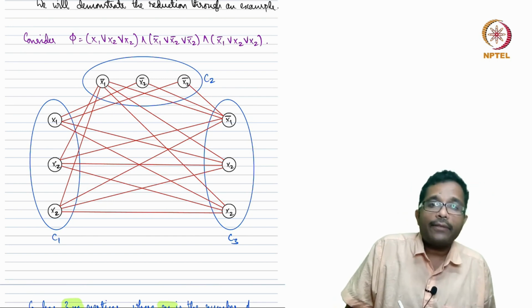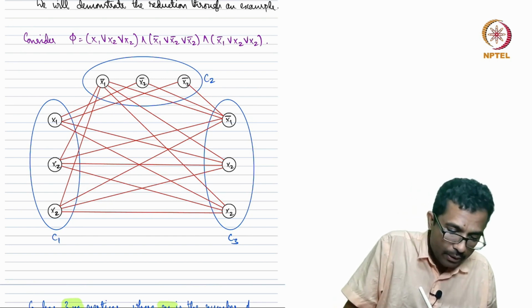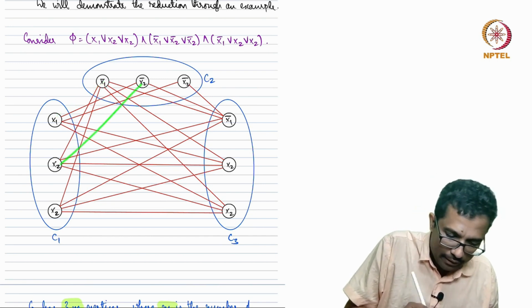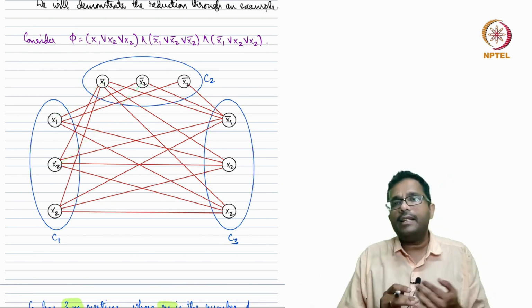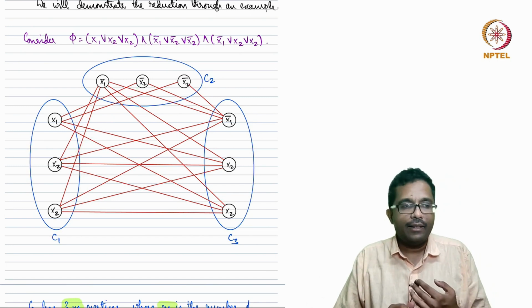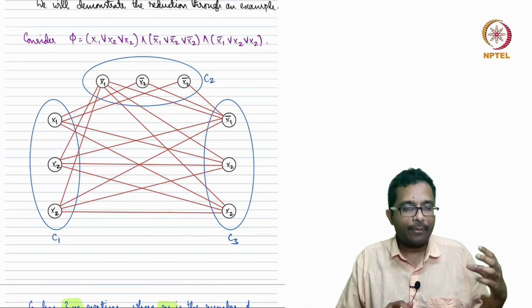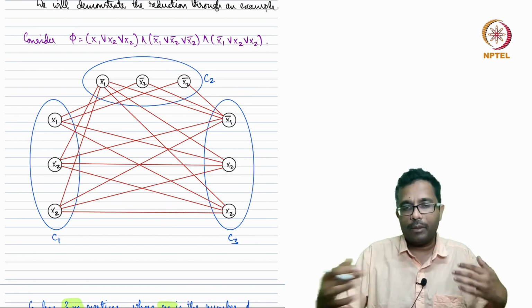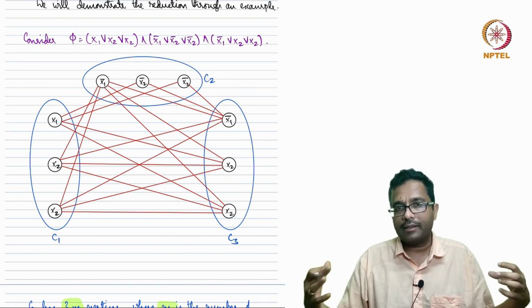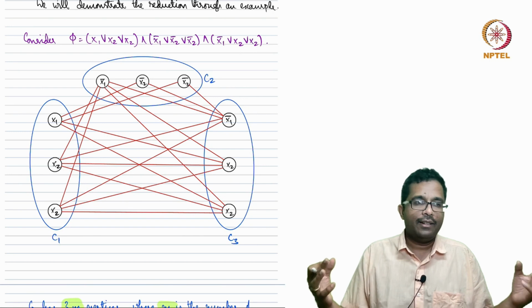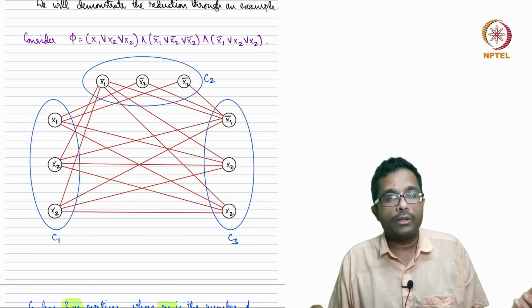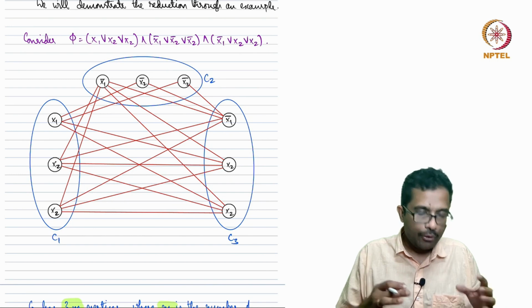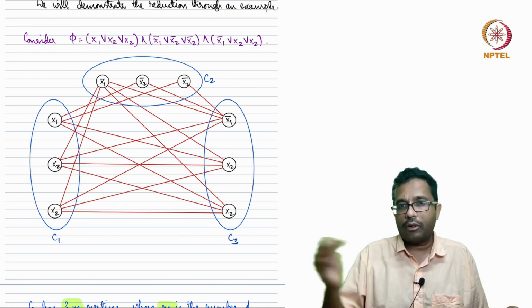Second is that we do not have edges from x1 to x1 complement, and x2 to x2 complement. Basically for any variable i, we do not have edges from xi to xi complement. In other words, x1 and x1 complement are directly conflicting literals; x1 and x1 complement cannot both be true. Corresponding to that, I don't want to put an edge between these conflicting things.